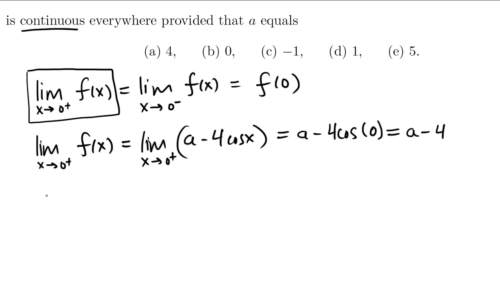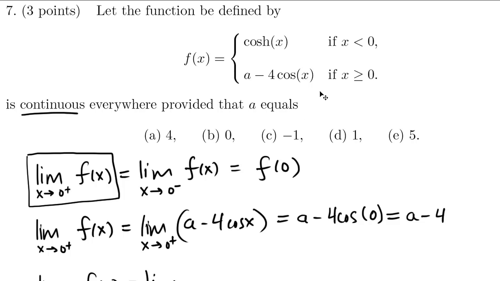Let's think about this next limit, the left limit. Well, if I look at the formula for f, when x is going to 0 from the left, that means x is smaller than 0. So it's to the left of 0. And I should use this formula, hyperbolic cosine.